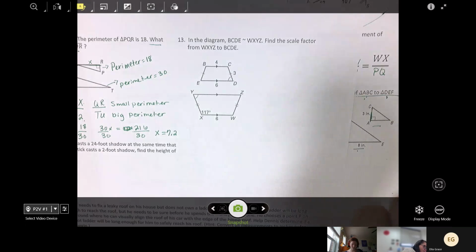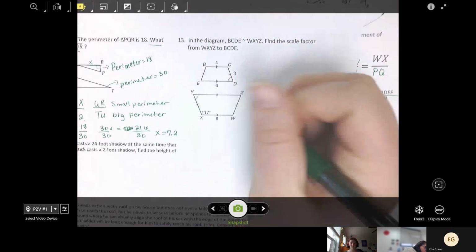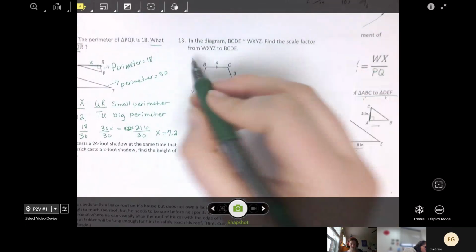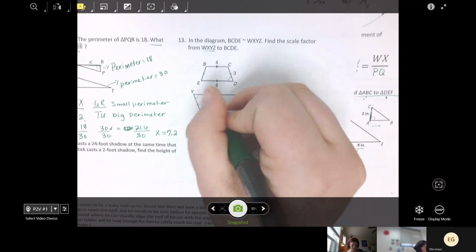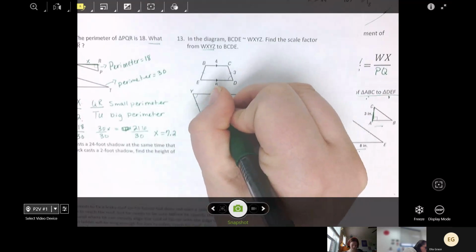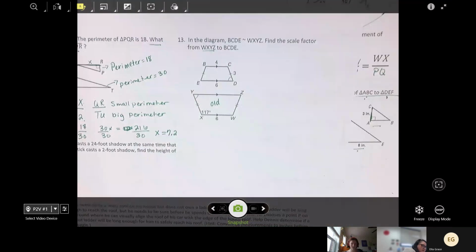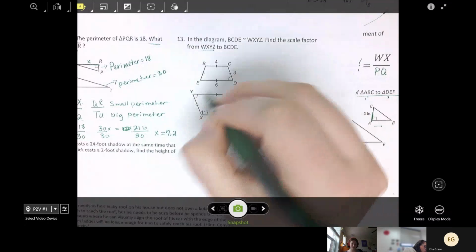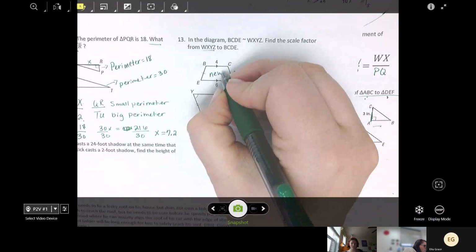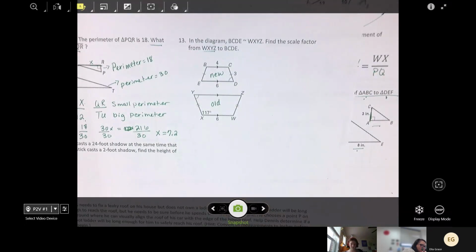Okay, so this is what we started with. We started with the WXYZ, so I'm going to call this the old figure. And then we went to the smaller one, which is the new figure. This is something we did Friday, Ella.